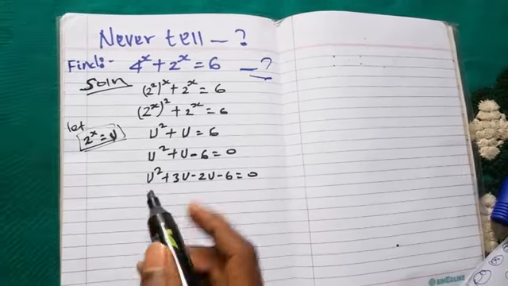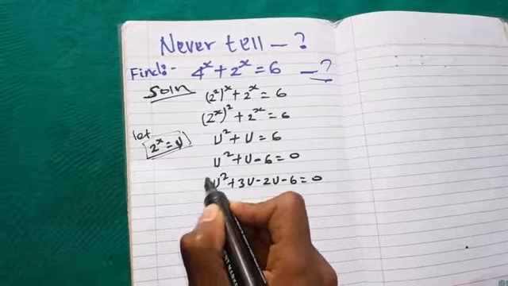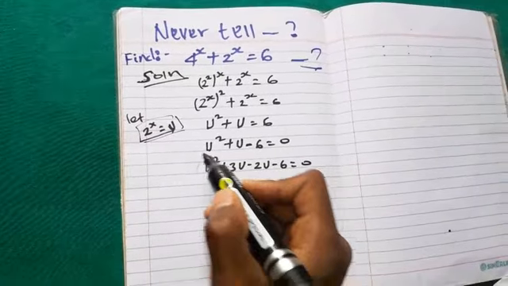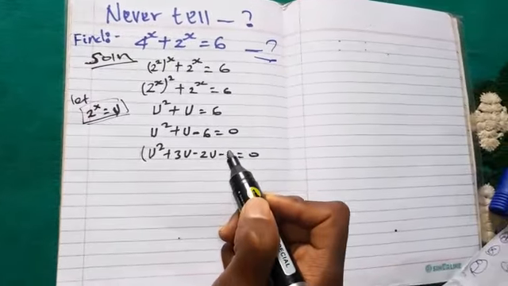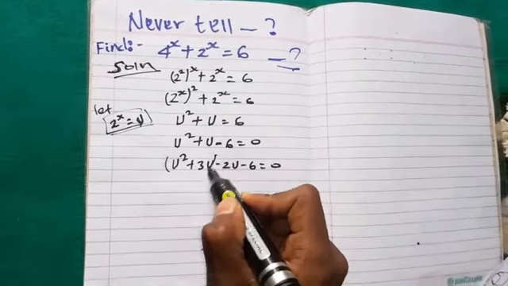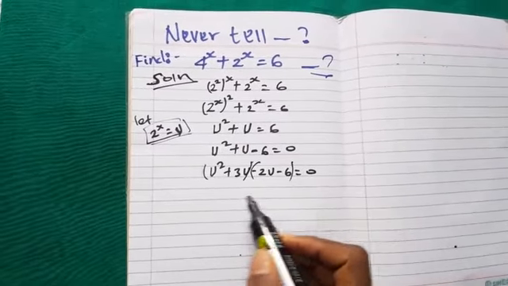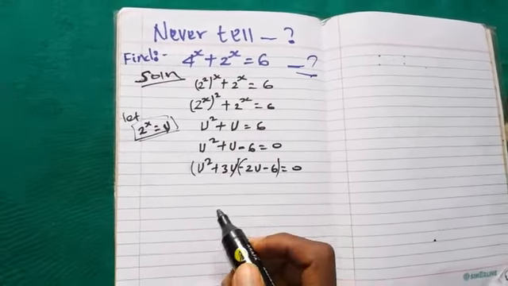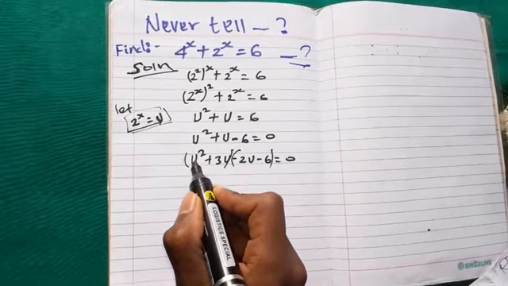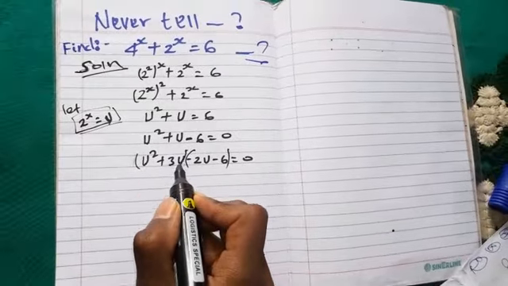You can refer to that, I explained it clearly there. Then let's divide it into 2 parts. Which is the common factor? u is the common factor.